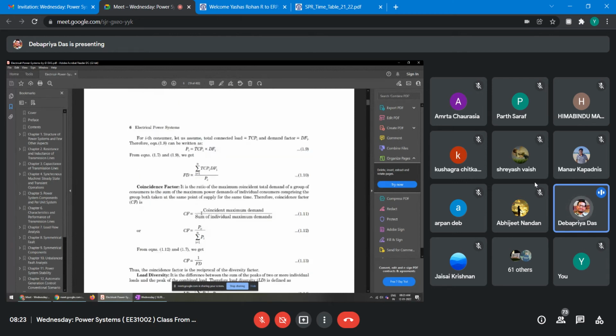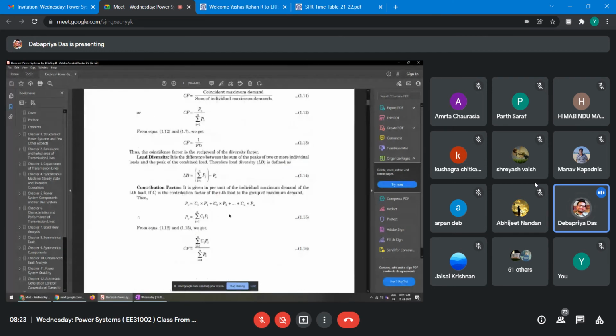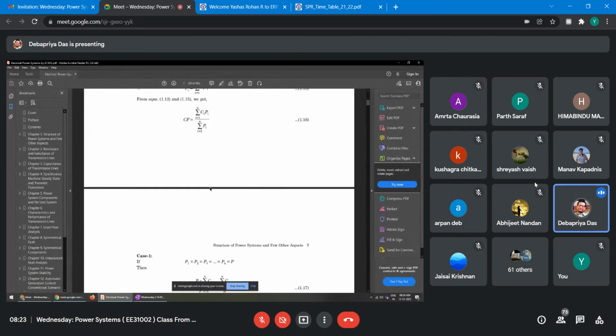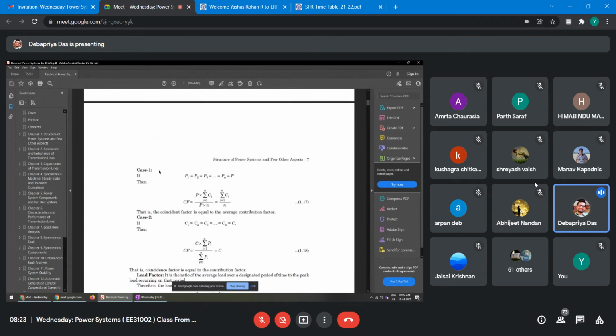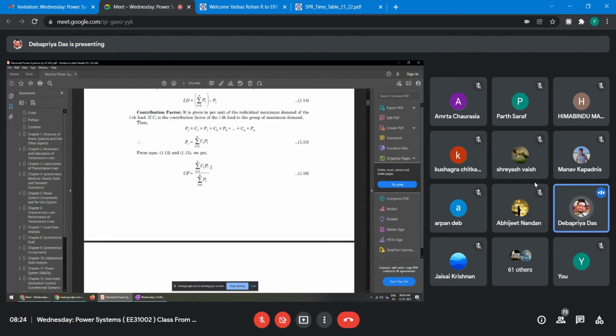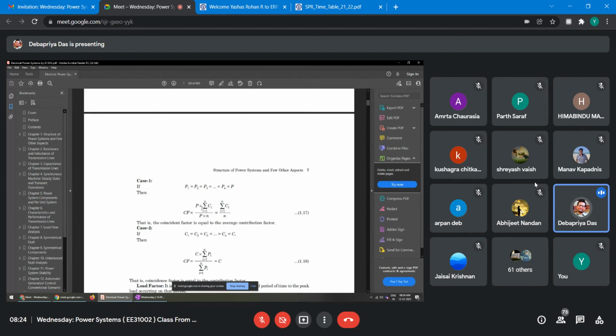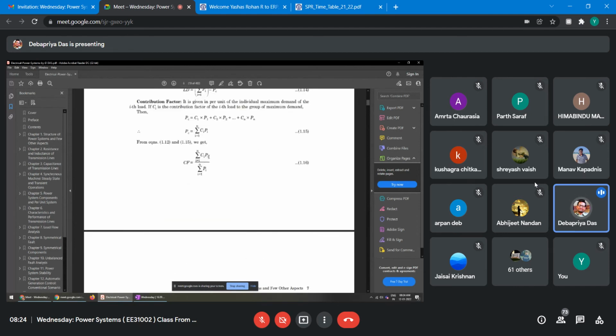This is a simple thing, and therefore the coincident factor, if you substitute in this equation PC is equal to, then you will get this equation. Now some cases. Case 1: if P1, P2, P3, all are equal to P, then this equation will simply become P into sigma Ci divided by N into P, because the P term will be added N times.